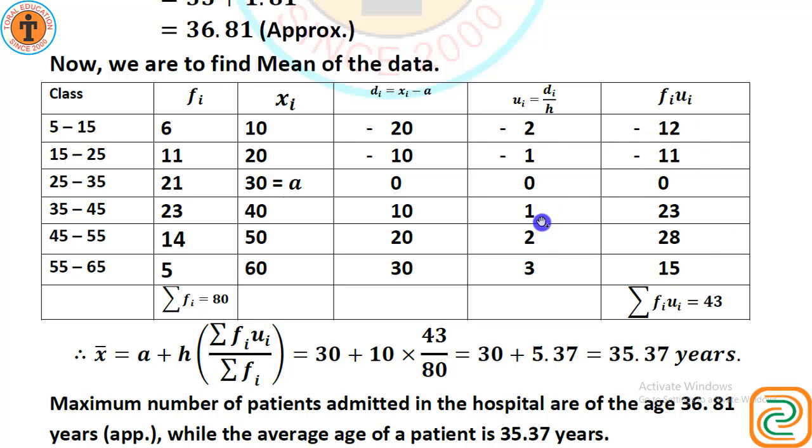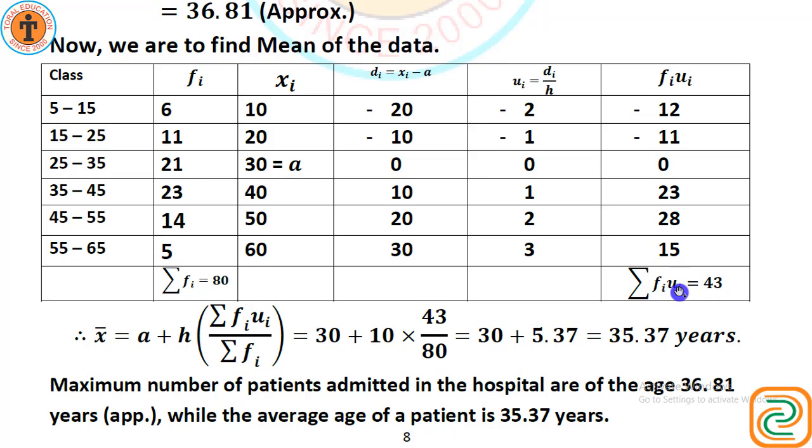So if we sum all these, sigma fi ui equals 43. Okay. Now we have x bar. X bar equals a plus h into bracket sigma fi ui upon sigma fi, equals 30 plus 10 into 43 upon 80. 80 is the sigma fi.